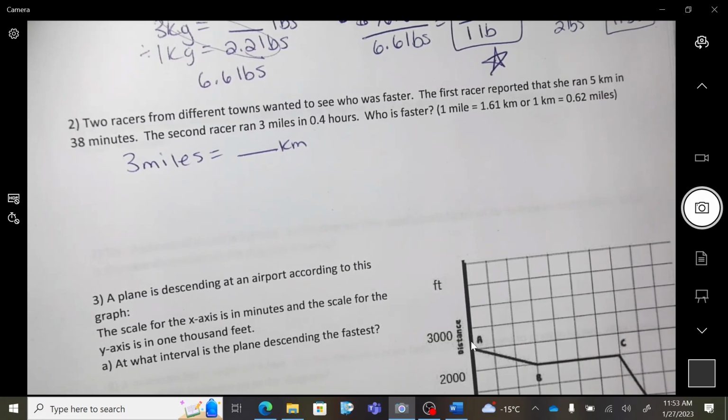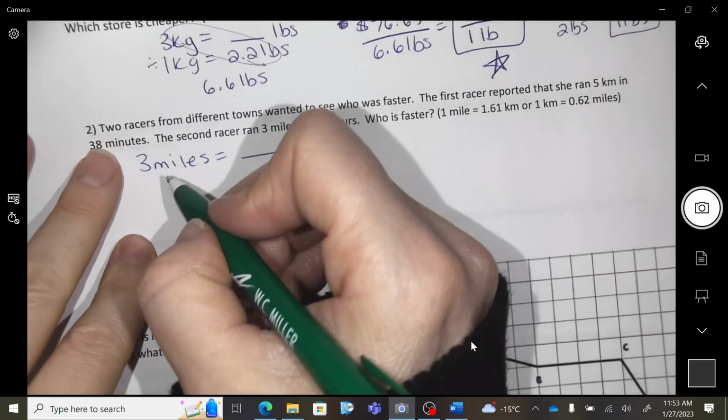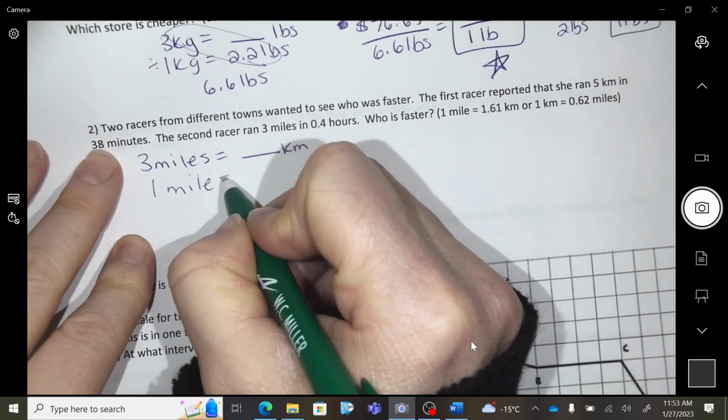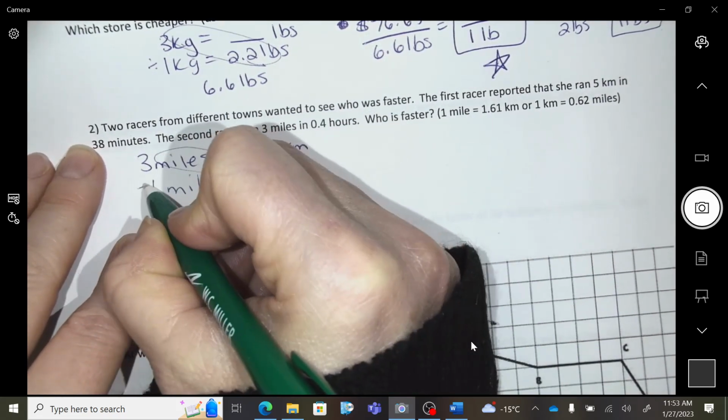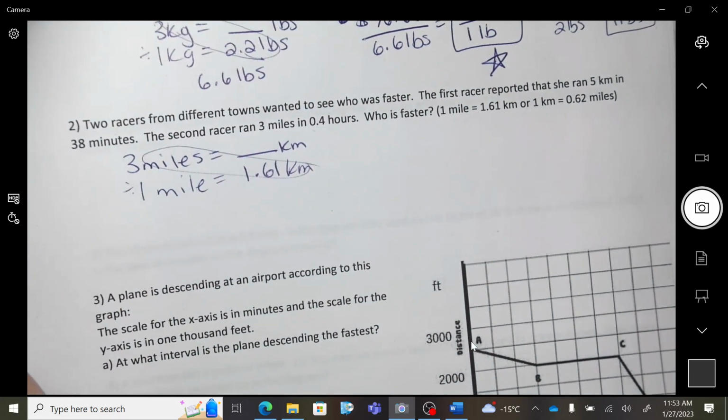And then I find something and I write. So I'm going to go 1 mile equals 1.61 kilometers, times and divide.